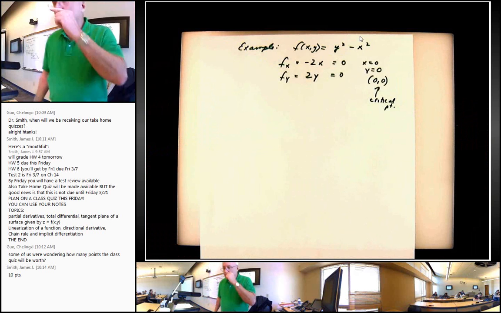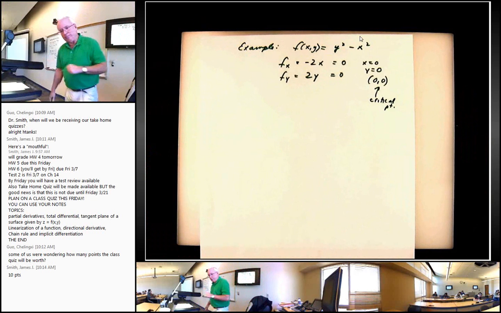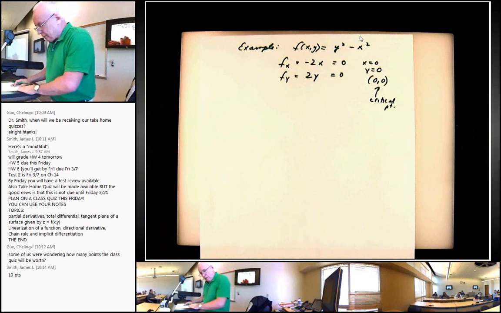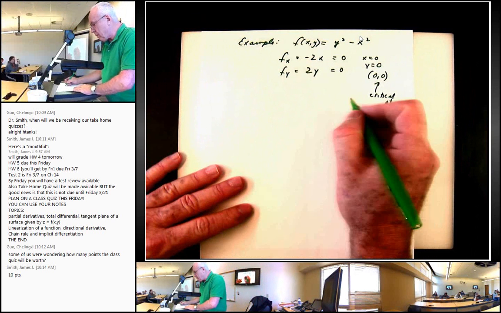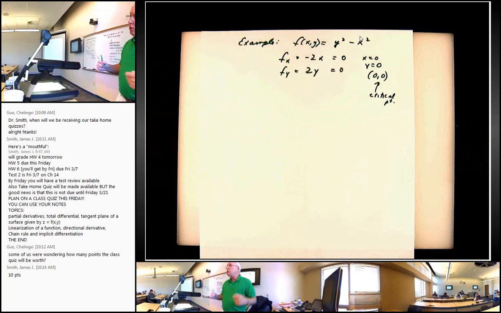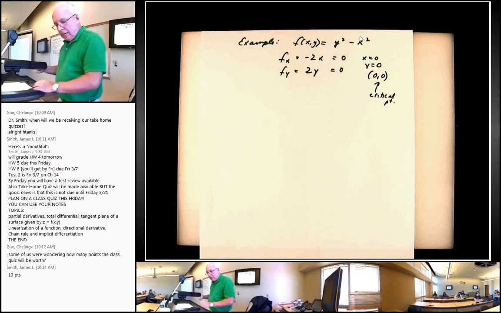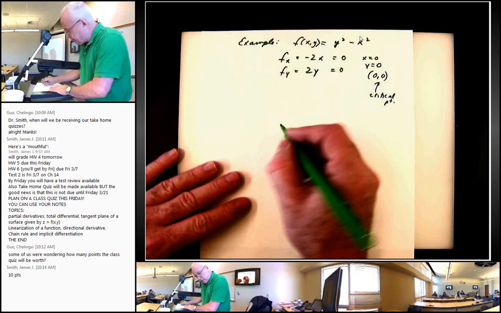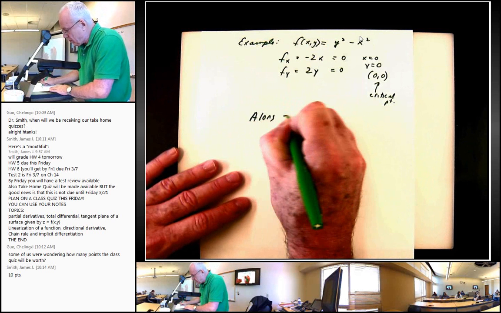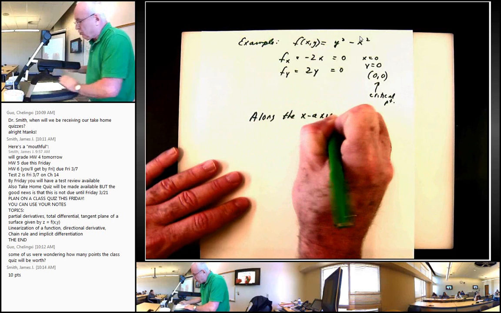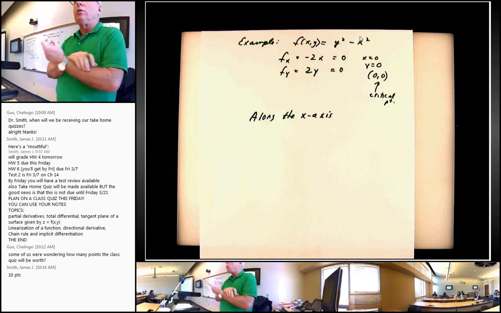Now the thing is, we say, okay, I'm going to have a local maximum or a local minimum here. Well, let's look at this. Let's travel on this surface, except right now we're just traveling along the x-axis. If we're just traveling on the x-axis, that means our y-coordinate is equal to 0.